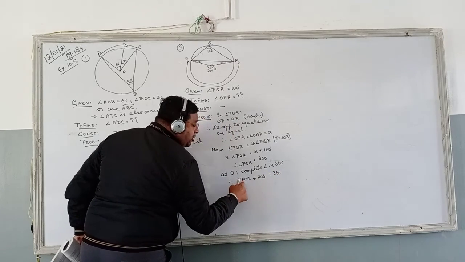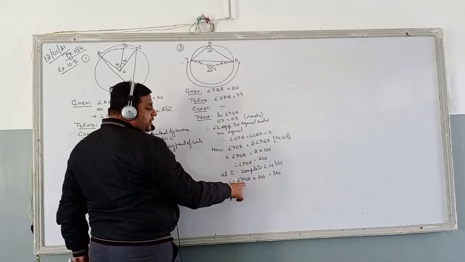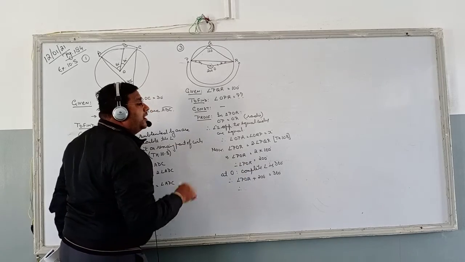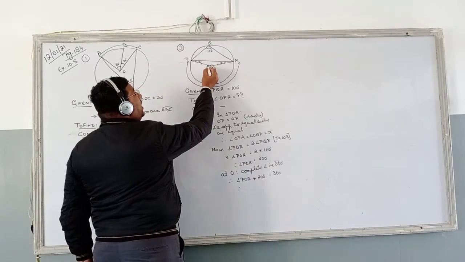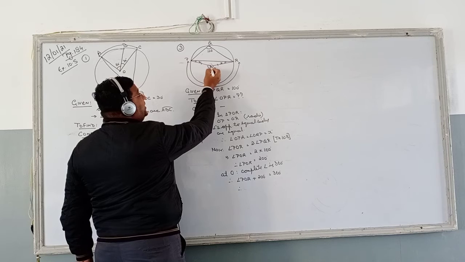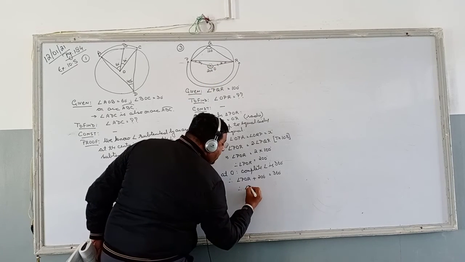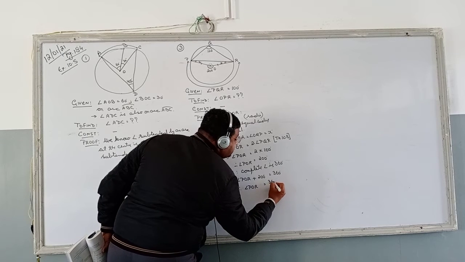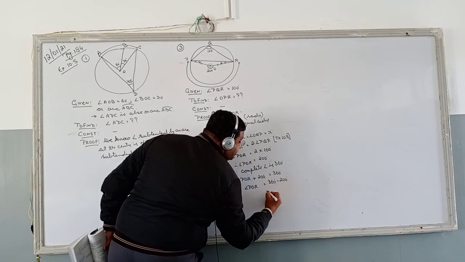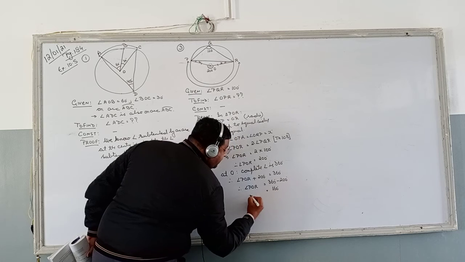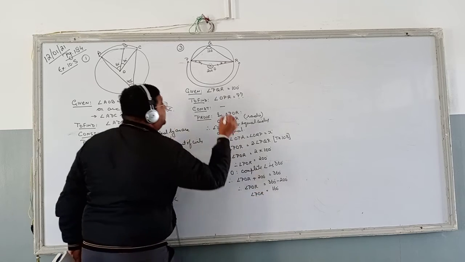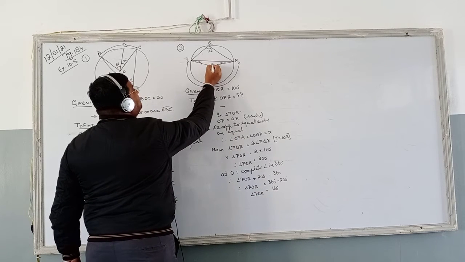This POR is outside the triangle, the exterior angle, and the other is inside the triangle. So angle POR is 360 minus 200, which is 160 degrees.